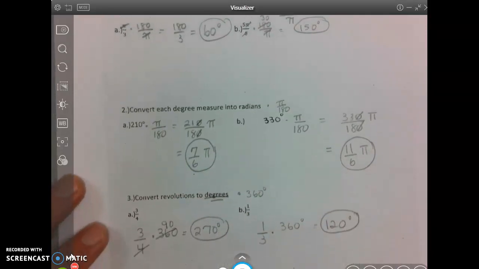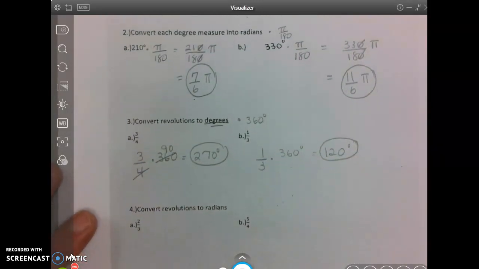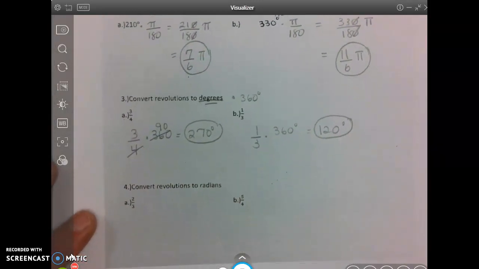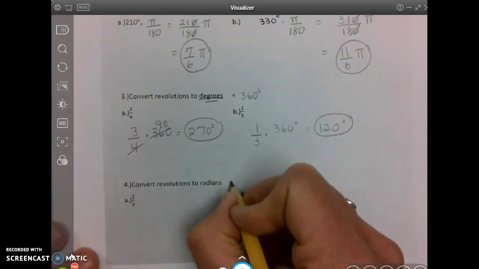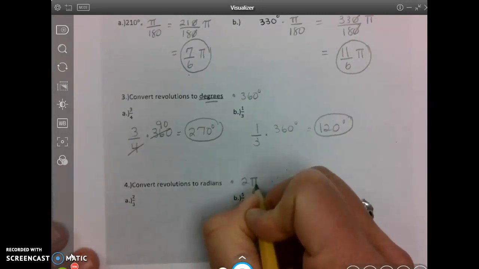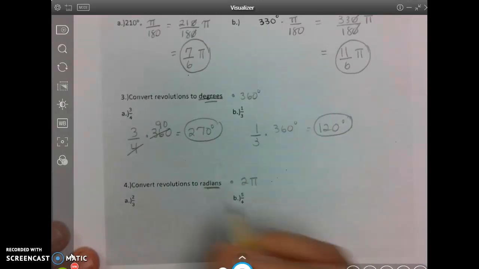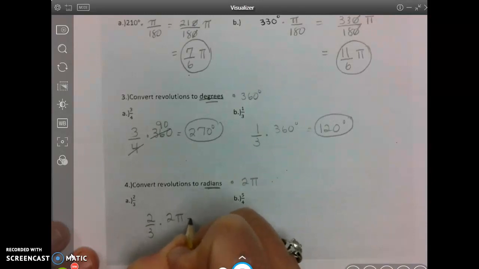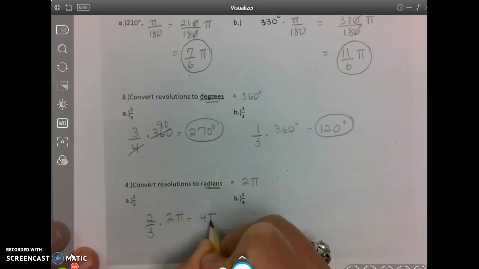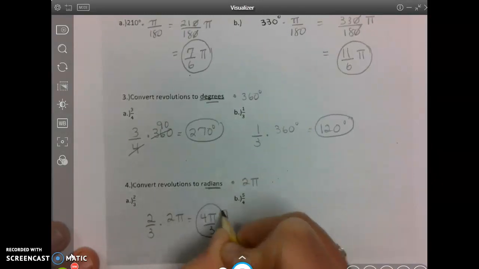Convert each revolution, sorry I keep forgetting to move the paper up, to radians. So I'm going to multiply by 2 pi, since we're dealing with radians. So 2/3 times 2 pi, and I get 4 pi over 3.